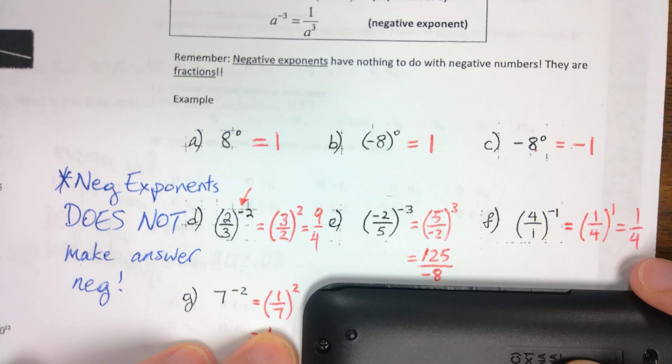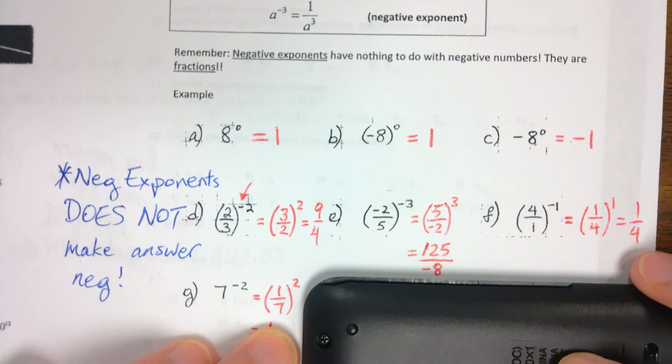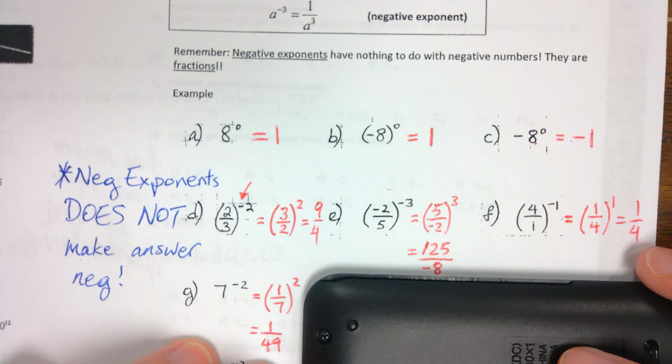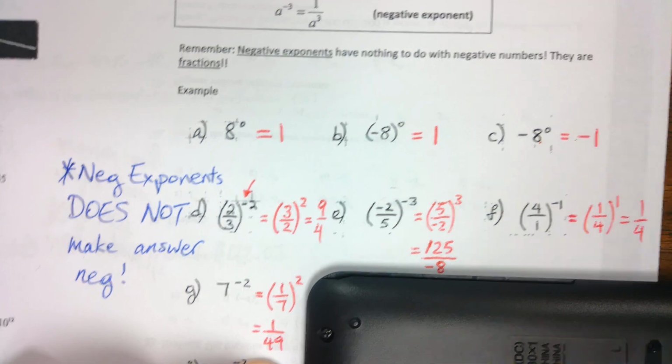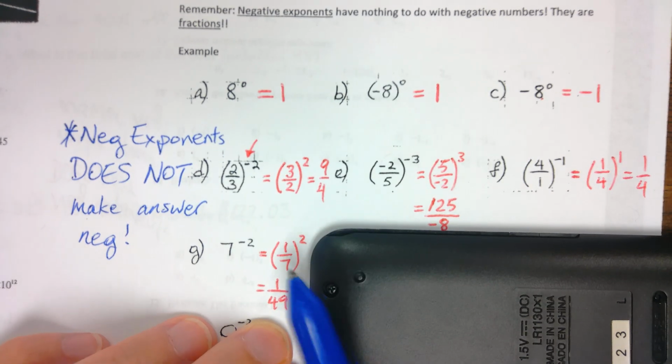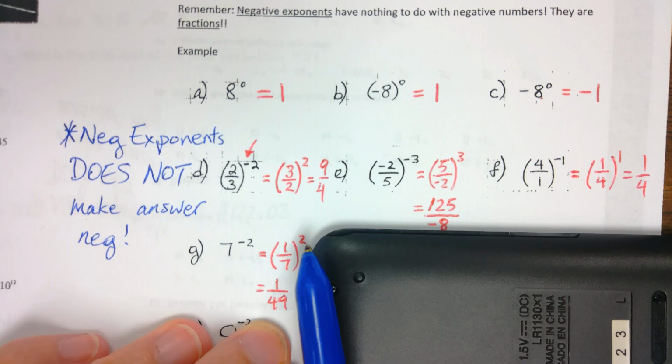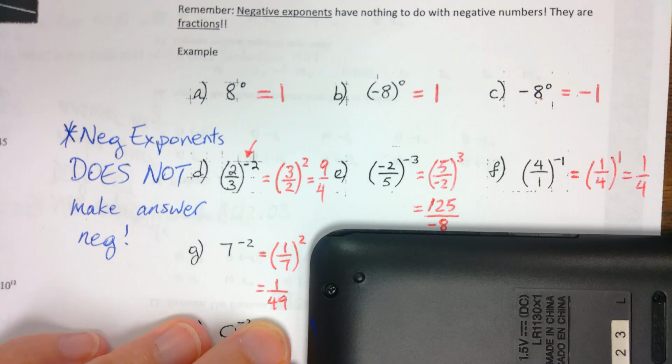Yes, please. 1/49. Good. I knew you could get it, so I wanted to give you another second. But yeah, it's a common mistake. Remember, exponent means 1 times 1 and then 7 times 7. So don't multiply. I've seen people put 2/14. Remember, exponents is exponents, it's not multiplying.